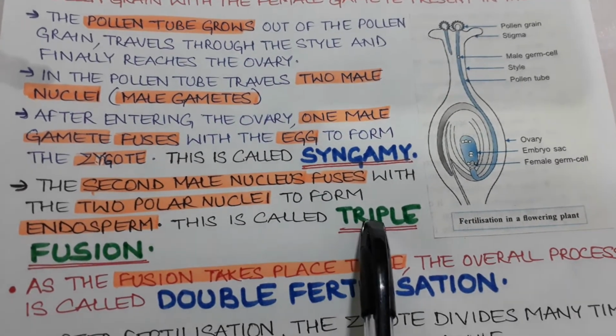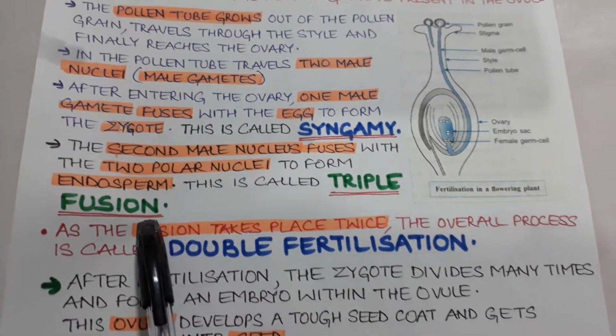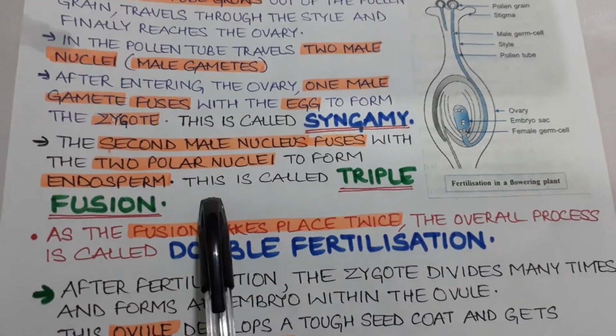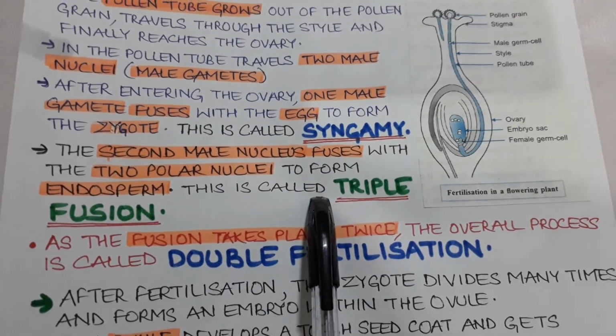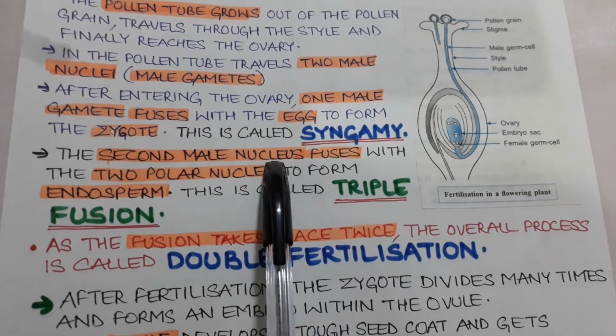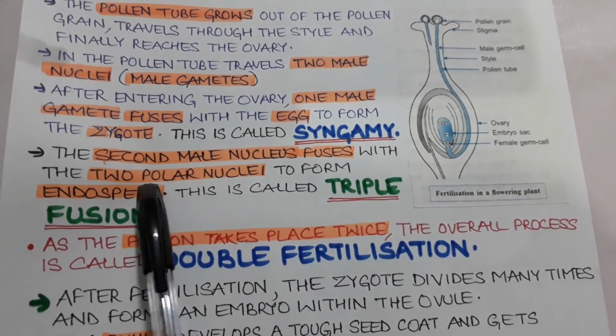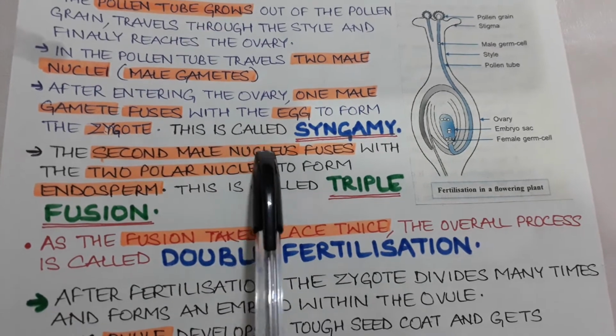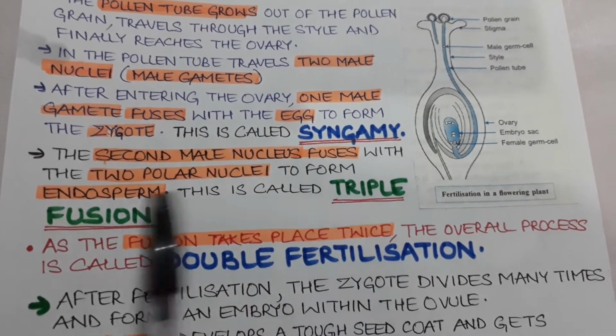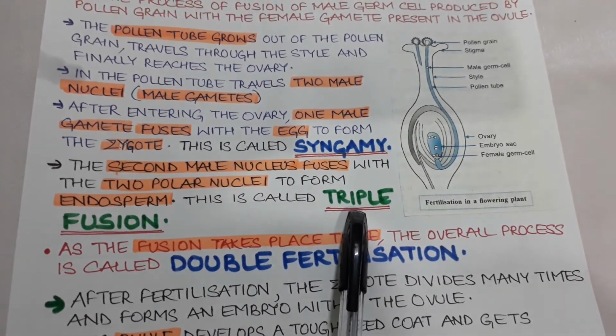And this process is called triple fusion. Why is it called triple fusion? Because three nuclei have fused: one male nucleus and two polar nuclei. So 2 plus 1, 3. That is why this process is called triple fusion.